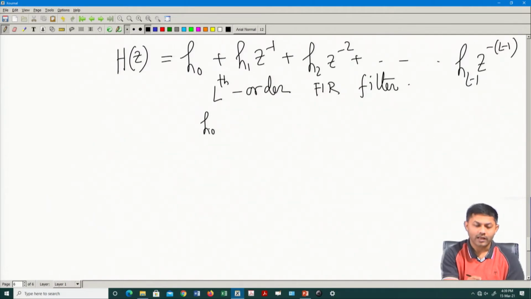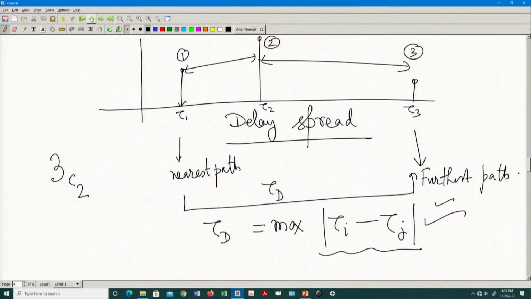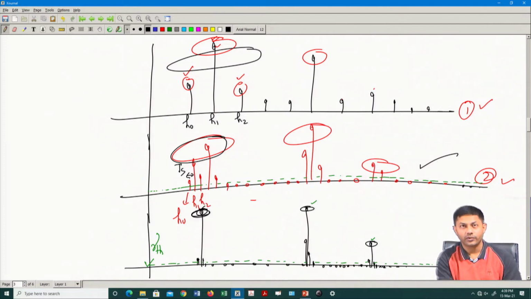That is not guaranteed. Why? Because look at this diagram. Let us say I am in the second sampling. You will see that initially a few taps will be non-zero, then again some values will be 0, again some non-zero, some will be 0, again non-zero, and finally it will be 0.